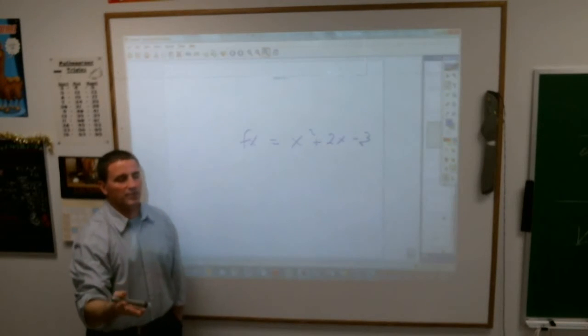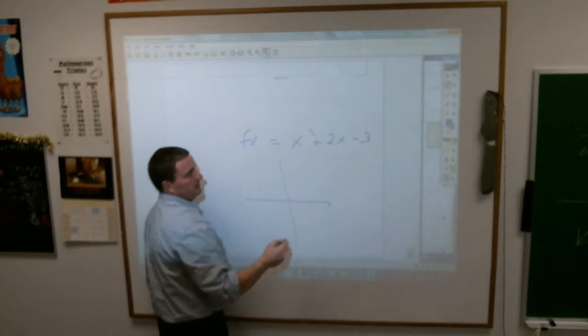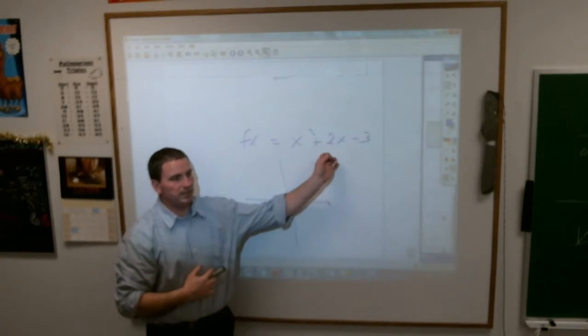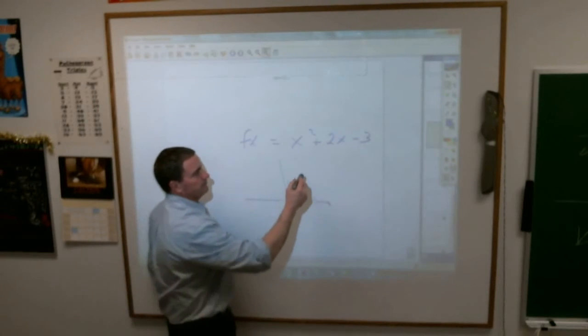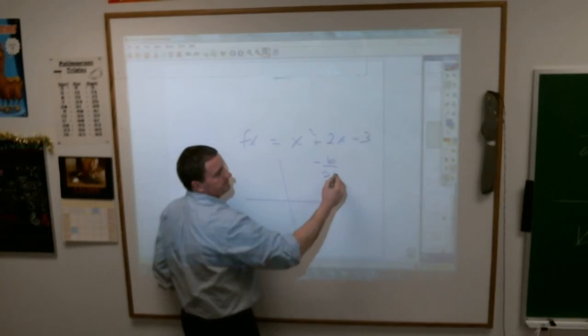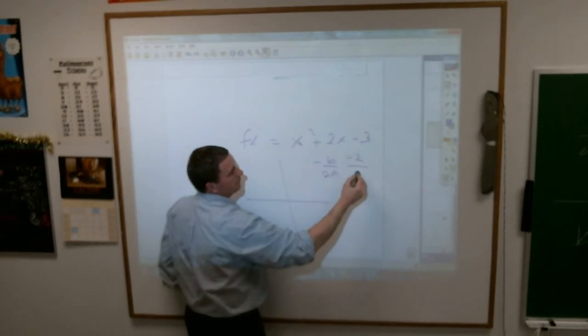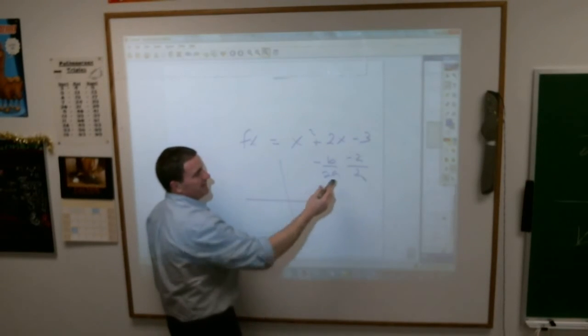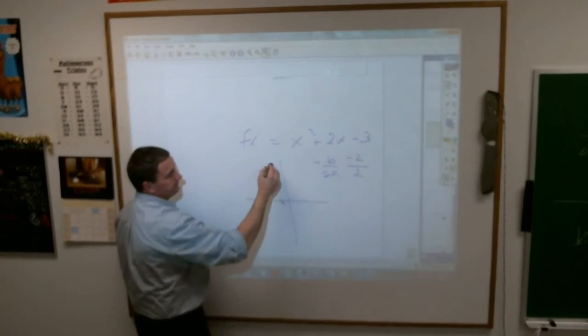And as a quick review of the quadratics, because you can't forget what we're doing there, what's the first thing you're supposed to do when you find a quadratic? Negative b over 2a. Negative 2 over 2. That's the axis of symmetry, which is at negative 1.